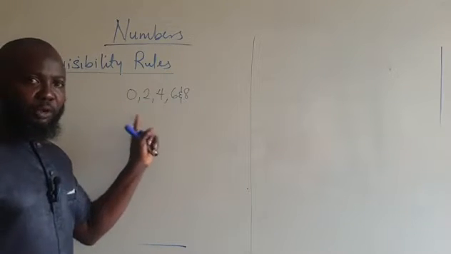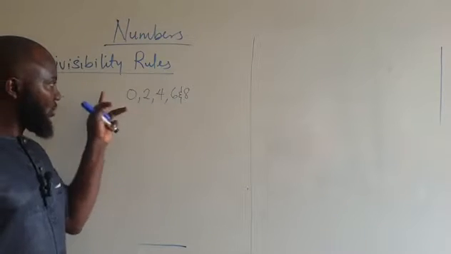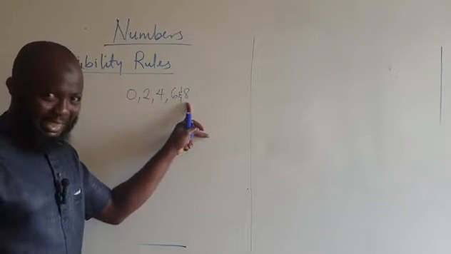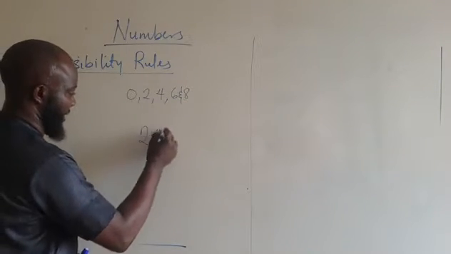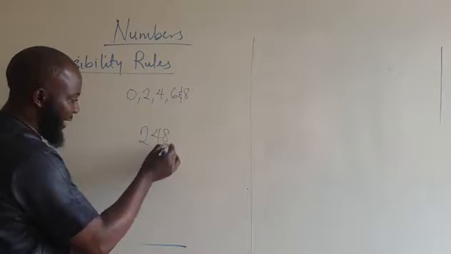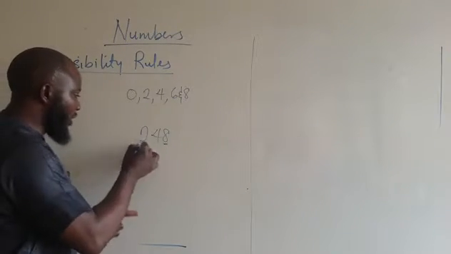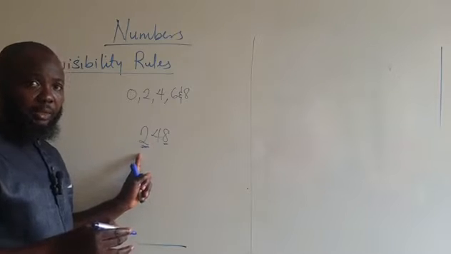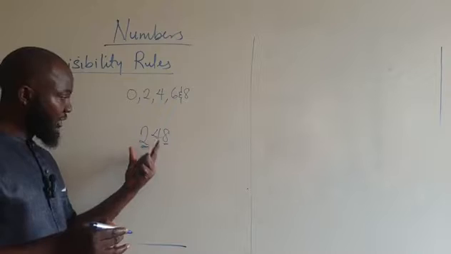If the number you want to divide by 2 ends with these 5 digits, because if I have 248, 8 is a digit in 248. 2 is also a digit, but both of them have different values in this number.